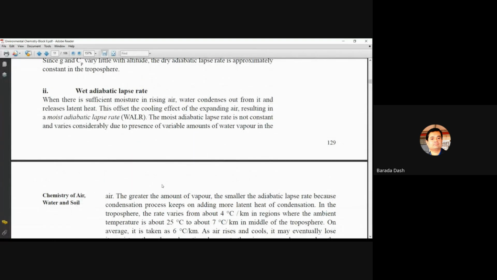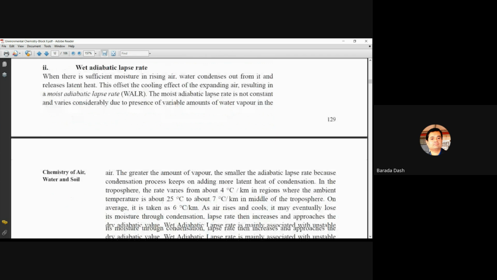When there is sufficient moisture in the air which is rising, water condenses out of it and releases latent heat. This type of cooling effect of the expanding air is called the moist adiabatic lapse rate, WALR. The moist adiabatic lapse rate is not constant and varies considerably due to the presence of a variable amount of water vapor in the air.